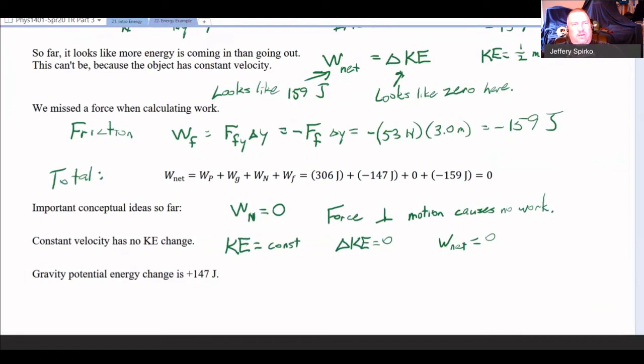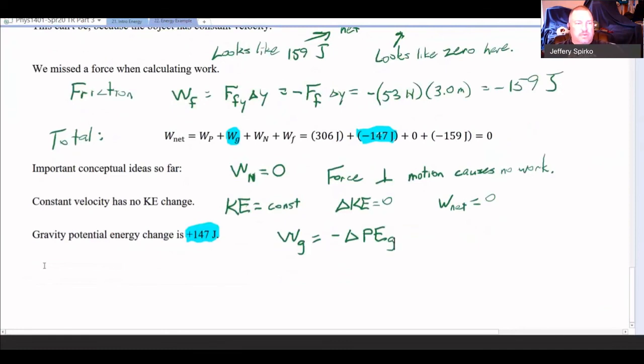So that 147 joules is the opposite of this number here, negative 147. So the work due to gravity is minus, they're opposite to each other.